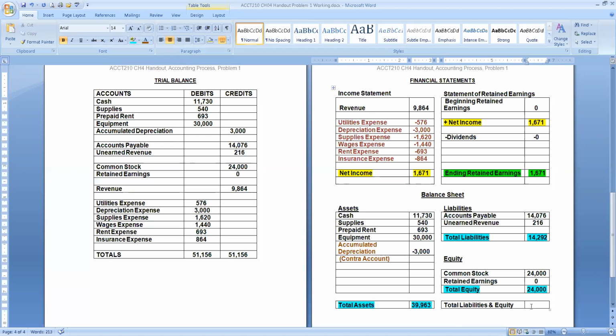I did it wrong. Okay, who can figure out what I did wrong? I did something terribly, embarrassingly wrong. Like first day of accounting wrong. What did I do wrong on the balance sheet?